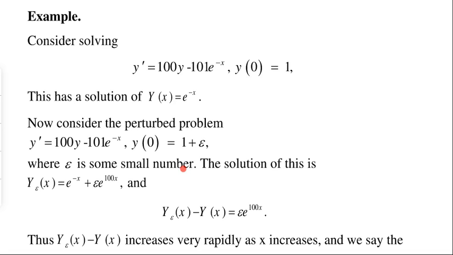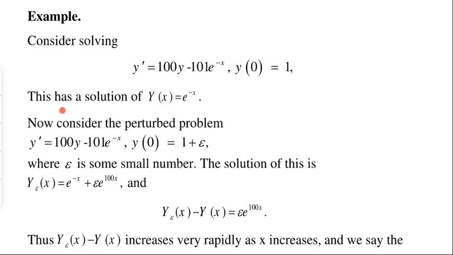In the first example, for more illustration, let me consider this problem: y prime equals 100 times y minus 101 times e to the minus x, subject to the initial value y at 0 equals 1.